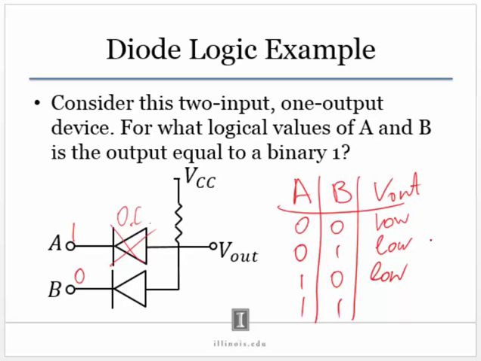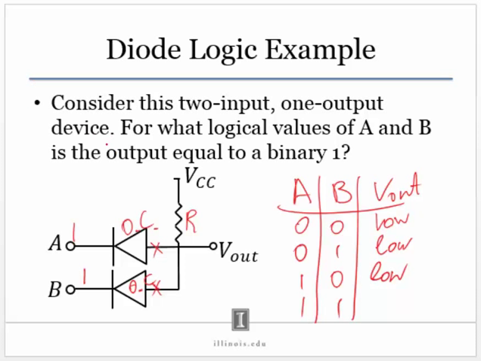What's going to happen if we apply high to both of them? If we apply high to both of them, both diodes are going to be open circuit, because you're not going to have a voltage drop from P to N. This is all disconnected, so no current flows into the diodes, and V out is then just connected to VCC with no voltage drop across this resistor.